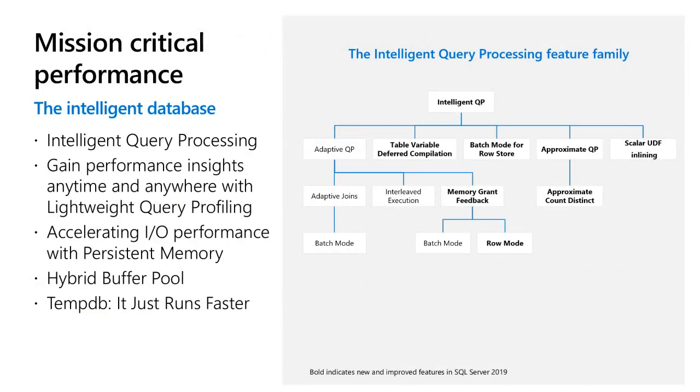In SQL Server 2019, Microsoft added an additional layer to this initial approach, and it renamed the whole framework as intelligent query processing, right? If you see on the slide here, the rectangles that are in bold are the new ones involved in 2019, and the ones that are in regular font are the ones coming from SQL Server 2017, right?